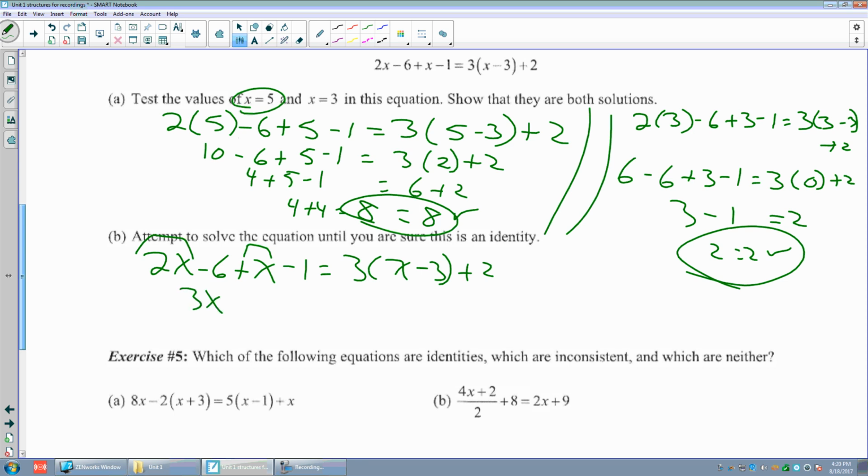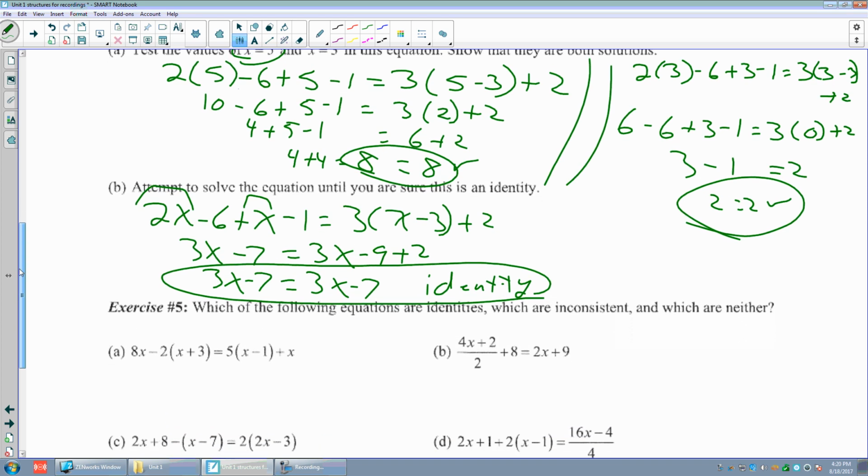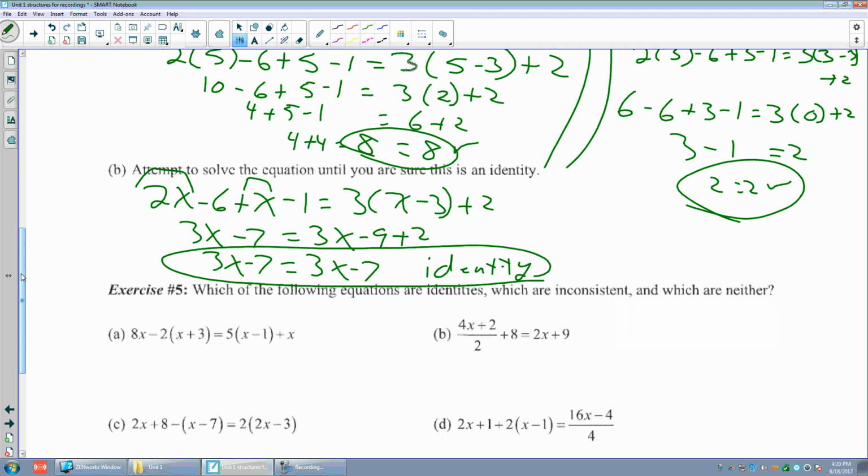We get 3x minus 7 equals 3x minus 9 plus 2. Combine these like terms, 3x minus 7 equals 3x minus 7. Did I stutter? Right here, we know they're exactly the same, so it has to be an identity. Because 3x minus 7 is exactly the same thing as 3x minus 7. Now let's say you didn't know that, and you subtracted 3x from both sides, and you get negative 7 equals negative 7. Still an identity.